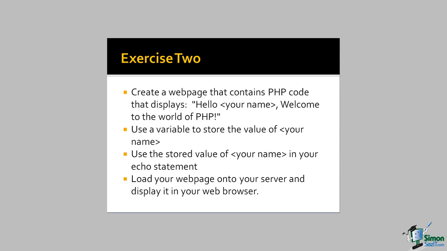And using that stored value in the string in the echo statement, and then load the web page onto the server and display it in the browser. Now again, this isn't an amazingly complex piece of code, but it does demonstrate the basic syntax for creating a variable by assignment and then using that variable in the code.